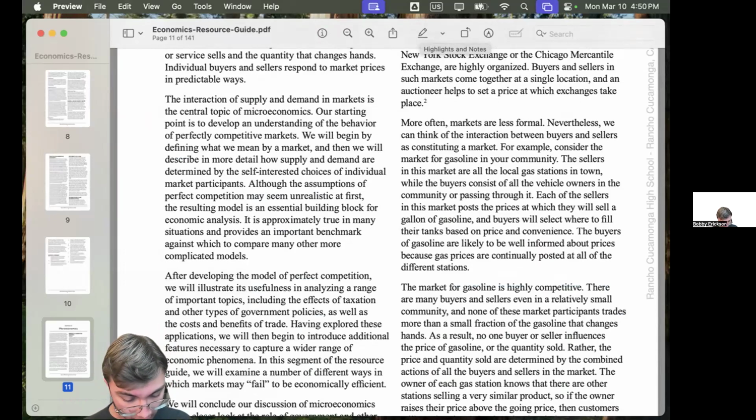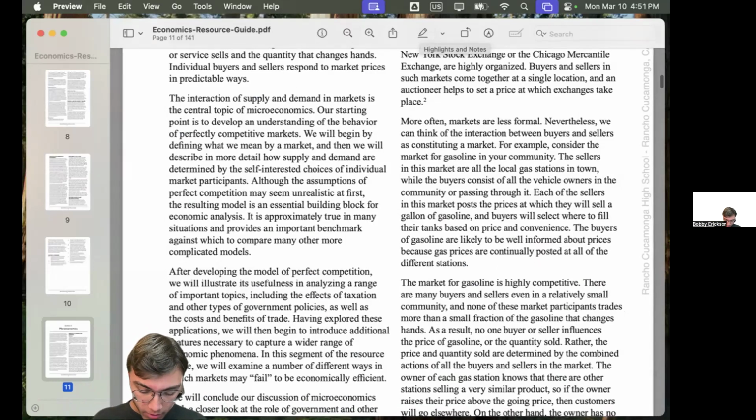And then we're going to talk about assumptions being somewhat unrealistic, but very important for economic analysis. It could be kind of true for some situations, but it's usually just used as a benchmark to compare to other more complicated models used in economics.